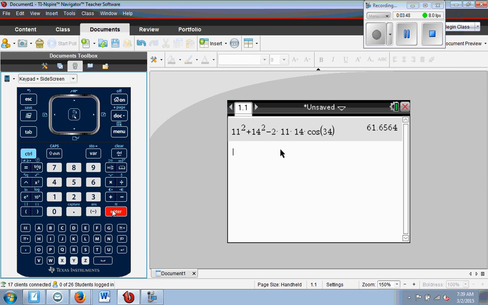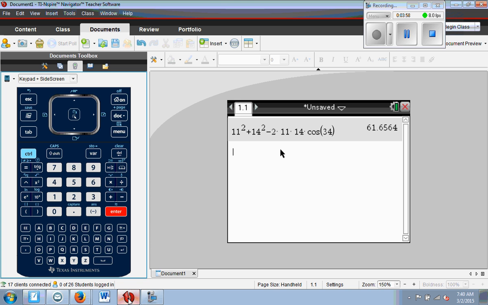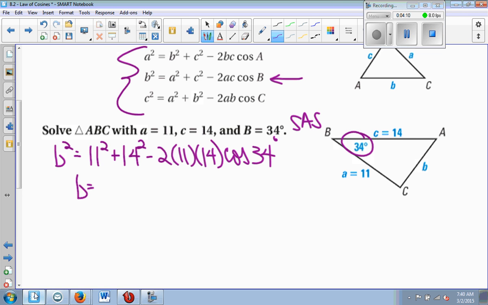Now keep in mind that this number is not the side length for B. That's actually B squared, because if you go back to your formula, it says B squared equals. So if I want to figure out what B is, I then have to take the square root of that value. So we take the square root, and we end up with a side length of 7.9. And one decimal place is fine for all of this.